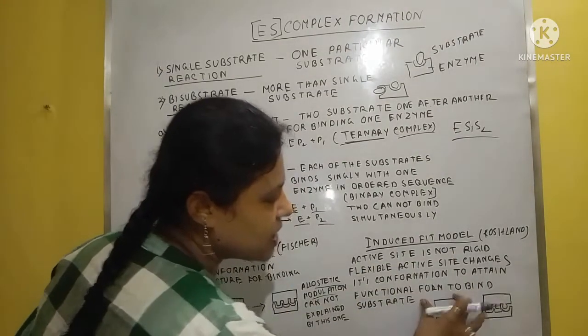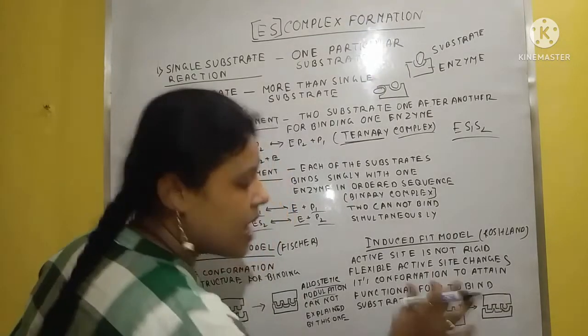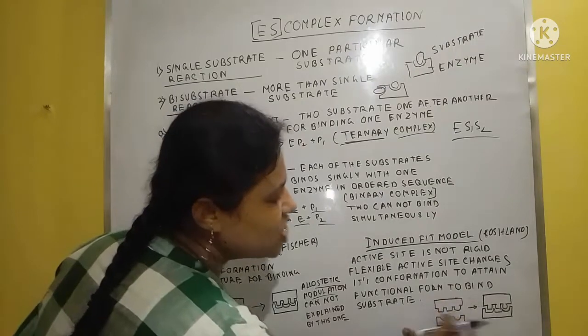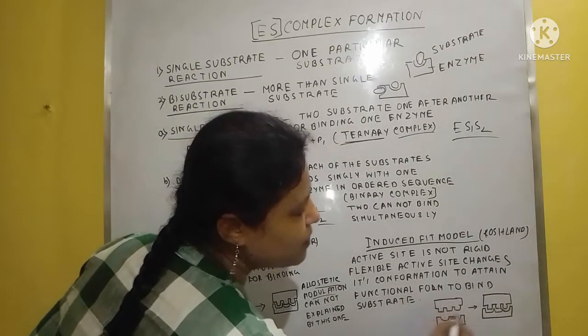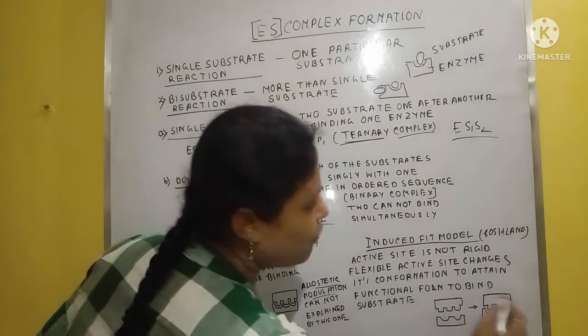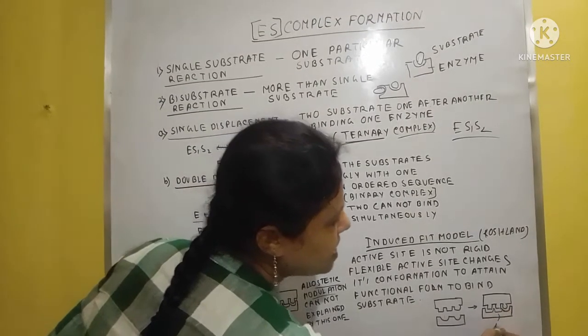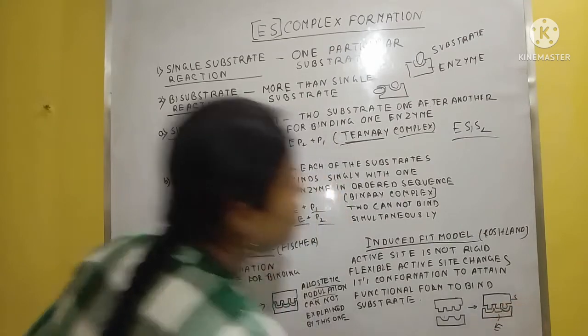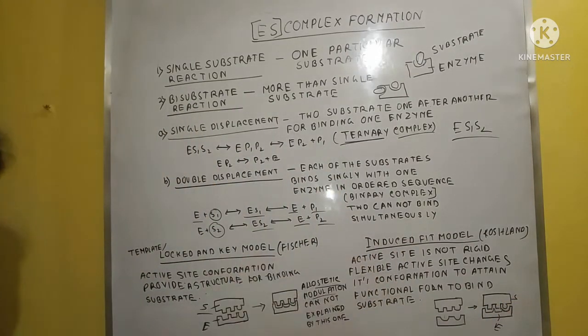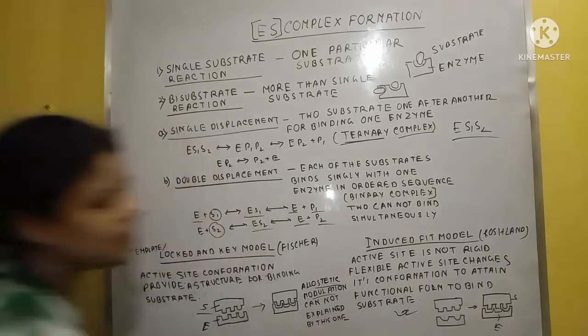When the substrate contacts the enzyme, since the enzyme is not rigid, it can change according to the structure of the substrate and form the ES complex. This model is appreciated by scientists.